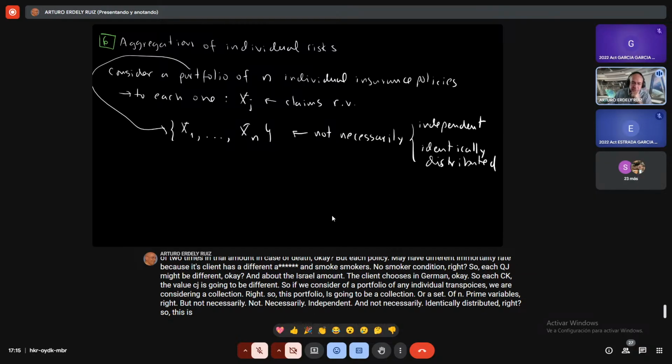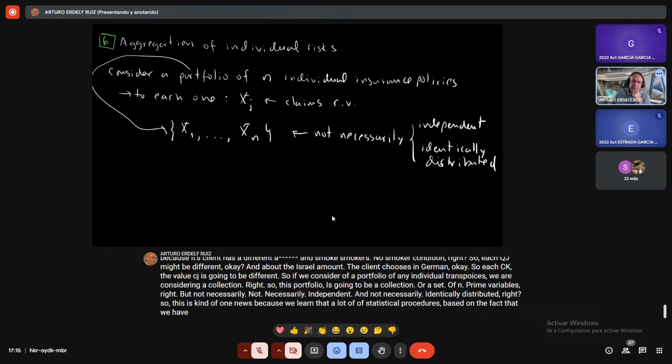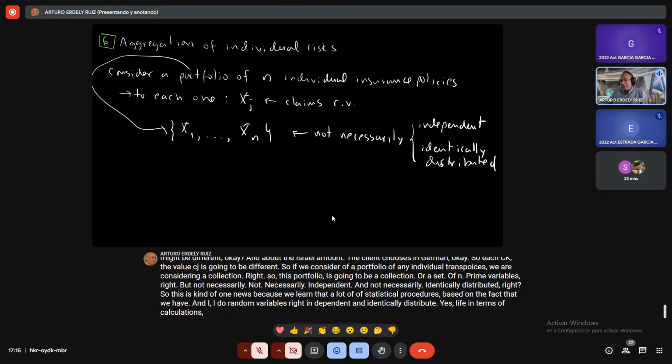So this is kind of bad news because we learn a lot of statistical procedures based on the fact that we have n IID random variables, right? Independent and identically distributed random variables. Yes, in terms of calculations, life becomes very easy if they are independent and identically distributed.